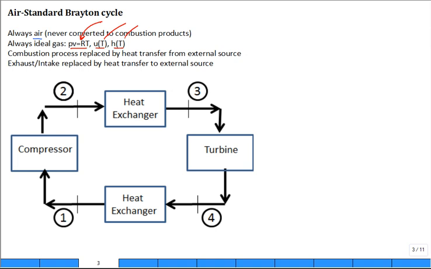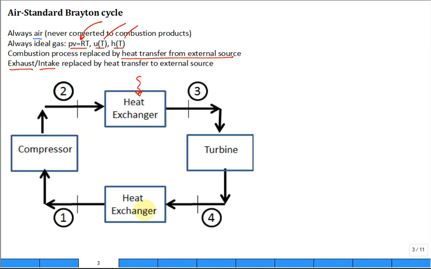Okay. Now the combustion process is replaced by that heat transfer, as I described, from an external source. And the exhaust here and intake here were replaced by a heat transfer to an external source. Depends how you want to do it. You can put a couple things here.